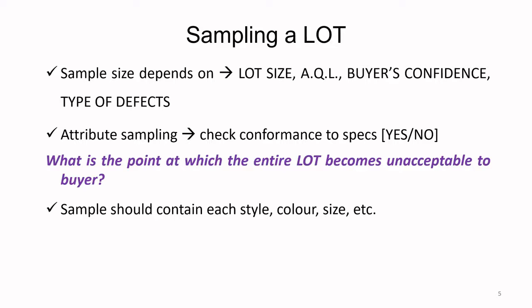Then when you are taking out samples for inspection, you must pick out samples in such a way that you have garments in each of the colors and in each of the sizes. So for the blue blouse, you should be inspecting blue blouses in all the sizes. Let's say there is a white blouse also and there is a red blouse also. Red, white and blue. So when you are taking out samples for inspection, you should be taking out a few pieces in red, in blue, in white, in all the sizes. That's a thumb rule.